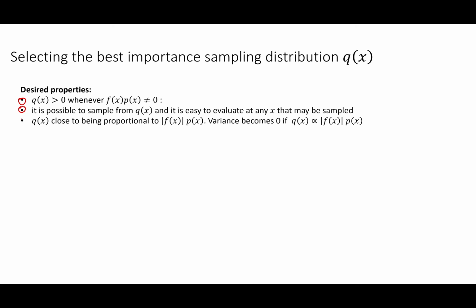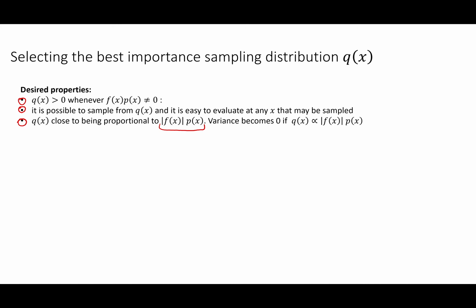And the last thing is very neat. And this comes from the theoretical background. You can check it on Wikipedia, that if the Q is proportional to the absolute value of x times p, it is the best Q we can actually choose.